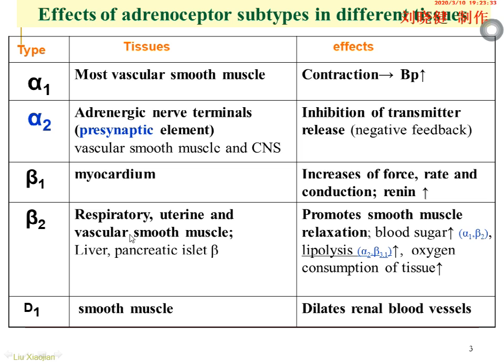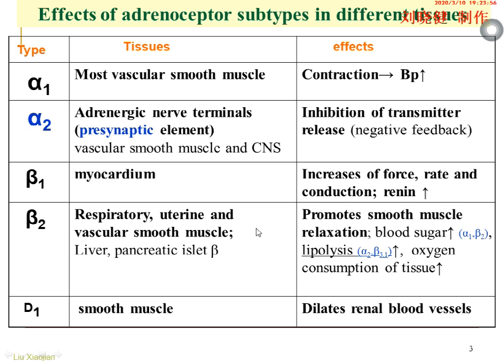Beta 2 receptor, similar to alpha 1 receptor, mainly resides in many smooth muscles, including the respiratory system, uterine smooth muscle, or vascular smooth muscle. But the effects caused by beta 2 receptor are opposite to alpha 1. It always induces relaxation of smooth muscle.